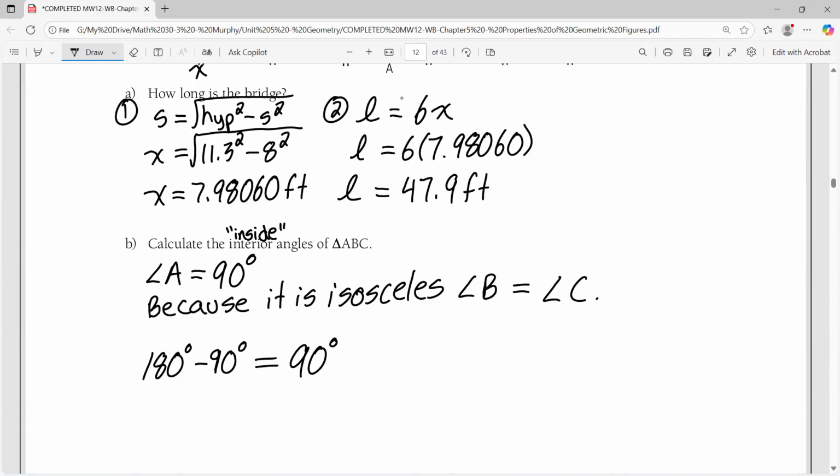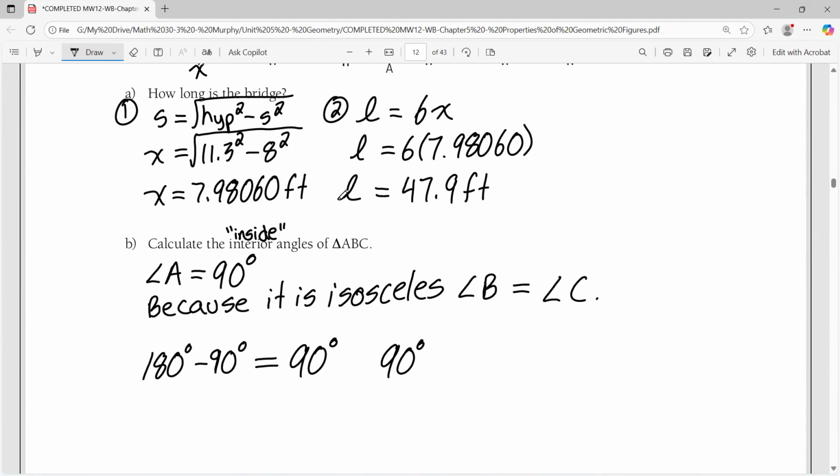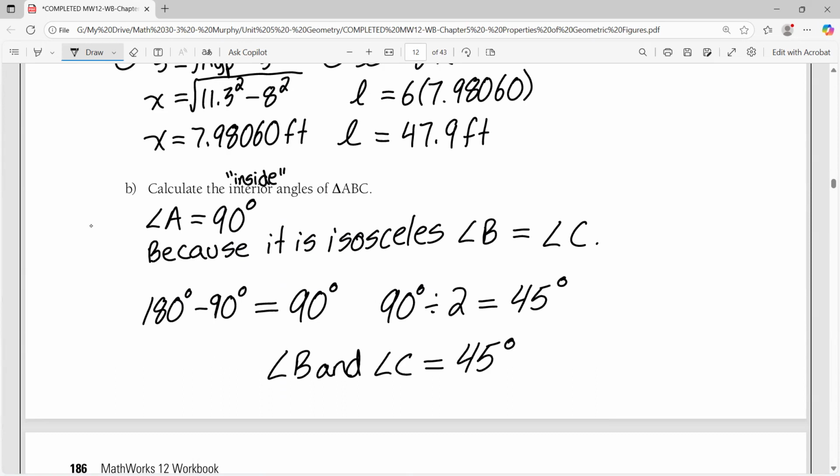Now, take that 90, because that 90 degrees has to be split between angle C and B. And if they're the same, then we just divide by 2. So we end up with 45. So angle B and angle C equal 45 degrees. Okay.